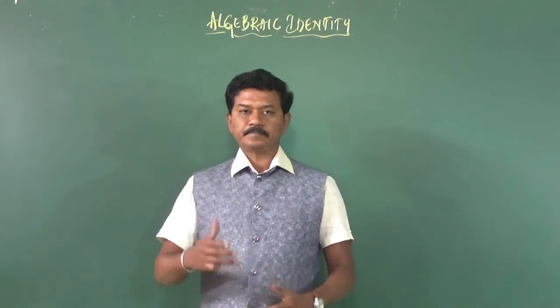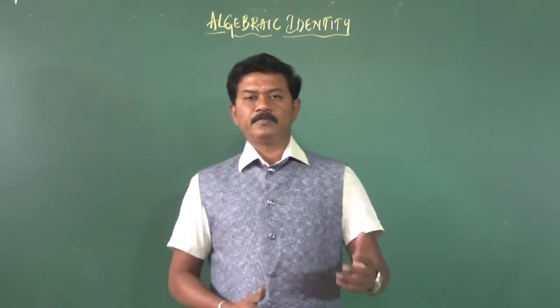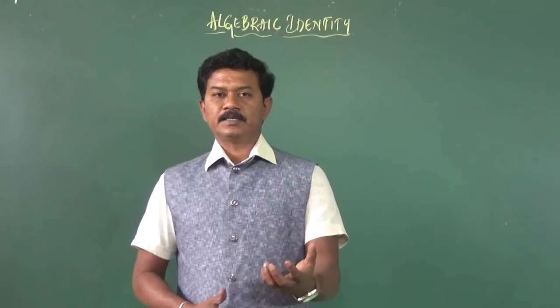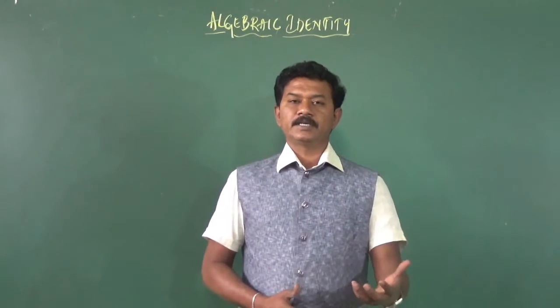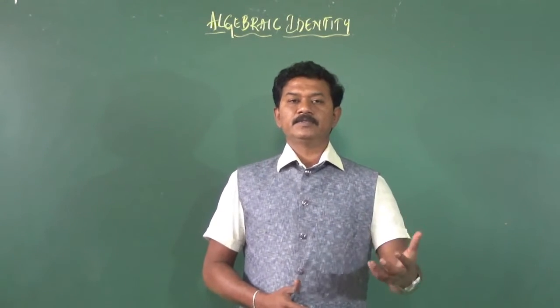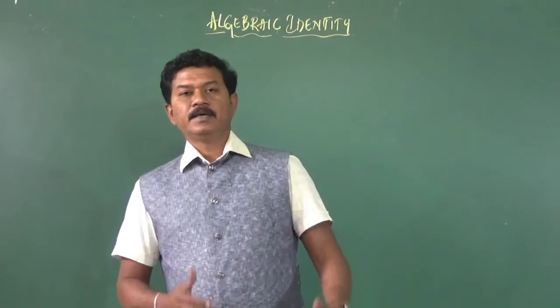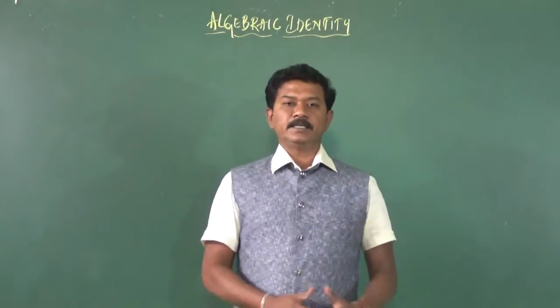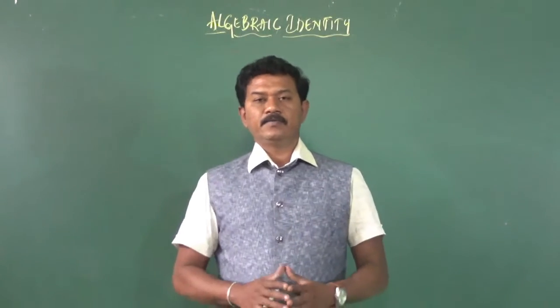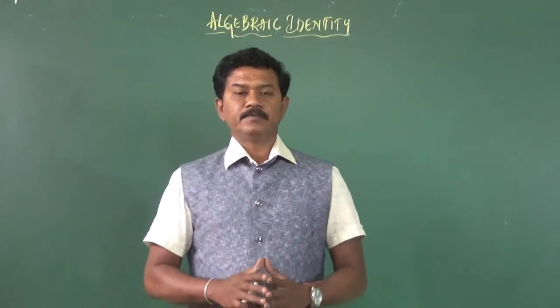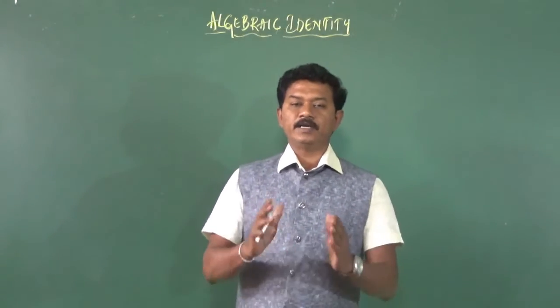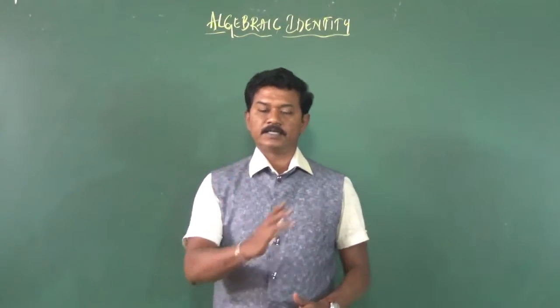So in arithmetic we come across many formulas. Formulas are mathematical statements which give the relationship between the terms involved in them. But an identity is a mathematical statement which is true for all the values of the variables involved in it.